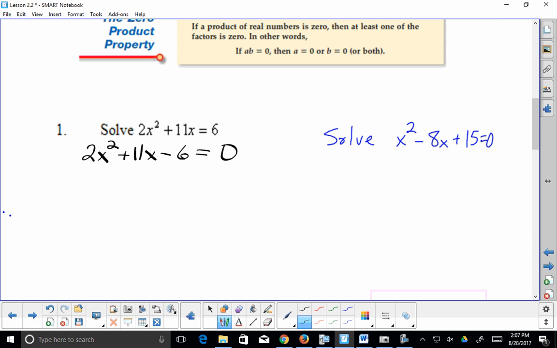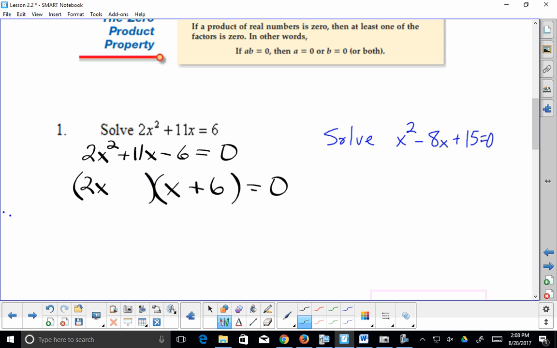We've already worked on enough of these factoring problems that you should be able to do it. Either use the airplane method or the box method, or some of you are probably able to do that in your head. When we factor this, since to get 2x squared it's got to be 2x and x. Since our 6 is negative, we're going to end up with a positive and a negative.